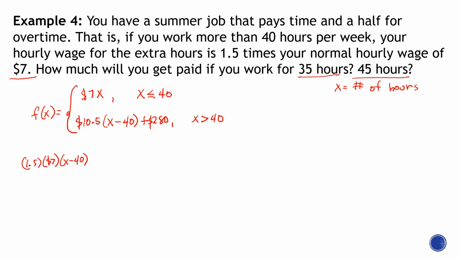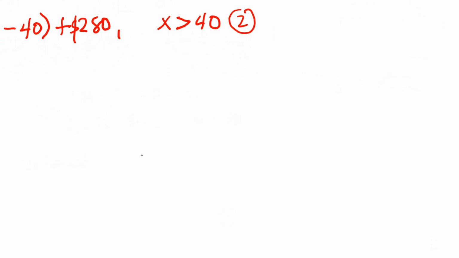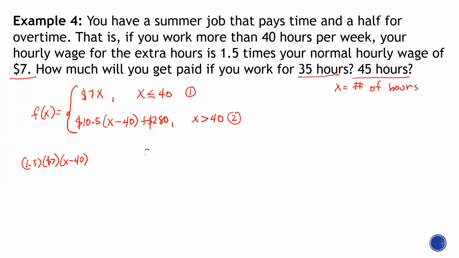If you work for 35 hours, how much money are you going to get? The first question is, is it part of the first domain or the second domain? Obviously the first domain. So for 35 hours, that means $7 times 35.